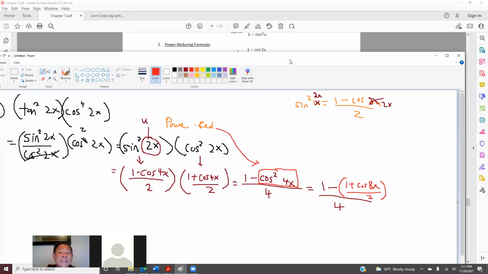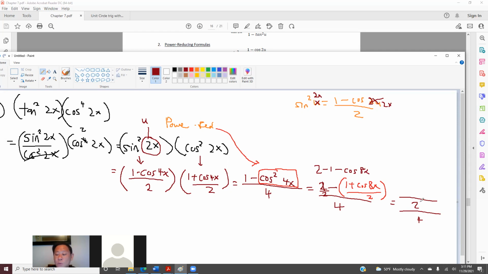And now we need to simplify this, and you will get your answer here. So I will make this as over 2, so that this is all over 2. So this is 2 over 2. So this is 2 all over 4. So this is 2 minus 1 minus cosine 8x. So I distribute my negative.